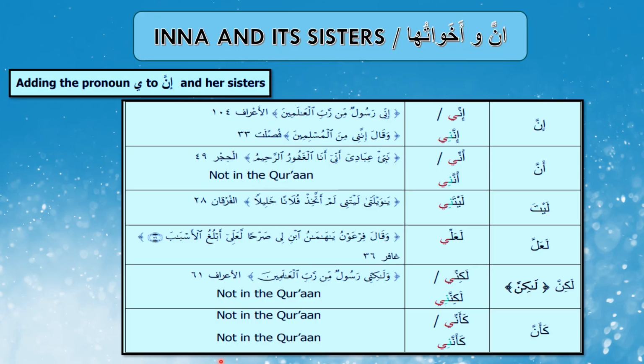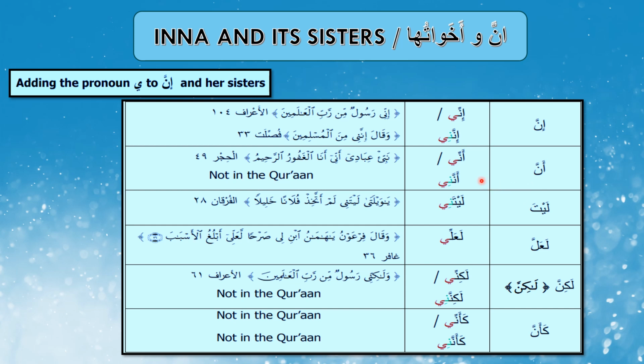So let's check in this table adding inna and the sisters of inna with ya mutakallim. Here in this example, you see inna can be added directly with the ya mutakallim as inni, and you can also add it with a noon al-wiqaya to protect the fatha of the noon. So it can be inni and innani.